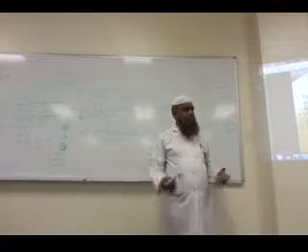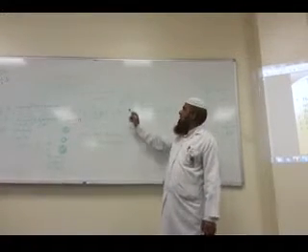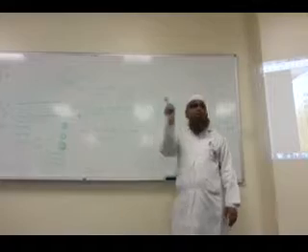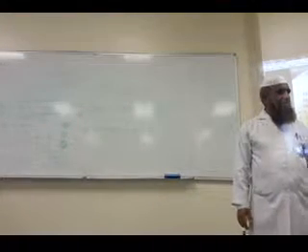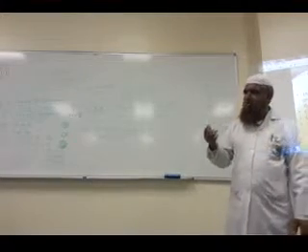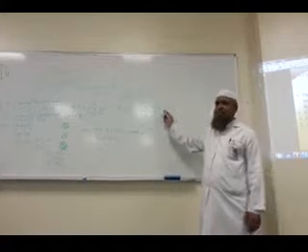Clear? In a normal person, if we divide this total volume by the total number of red cells present in this 1 liter, this will be the volume of 1 cell. This is the normal range for red cells.